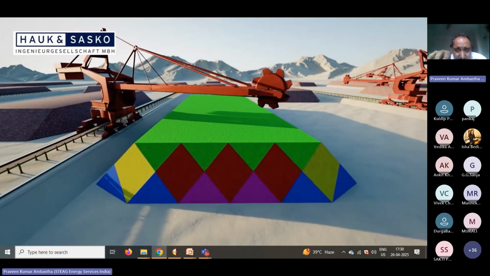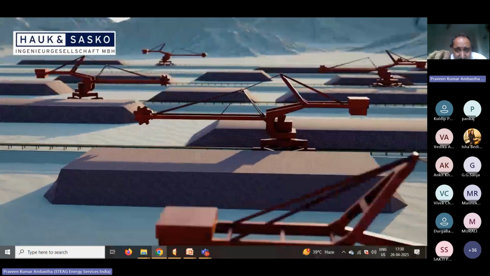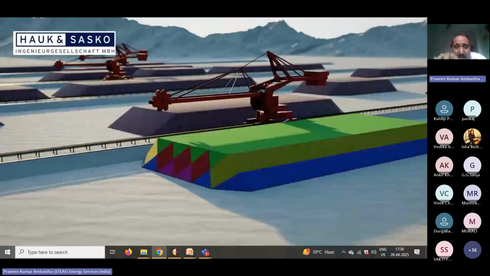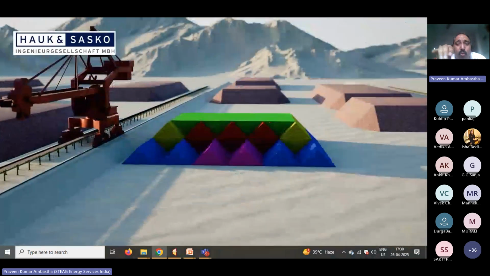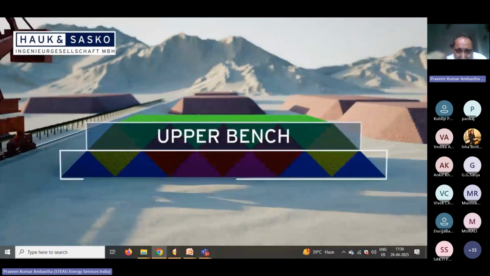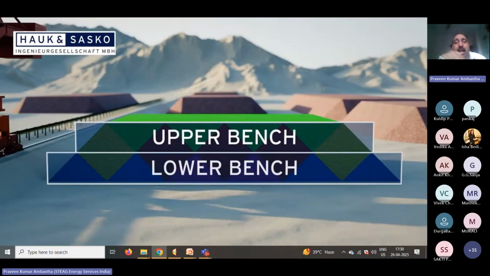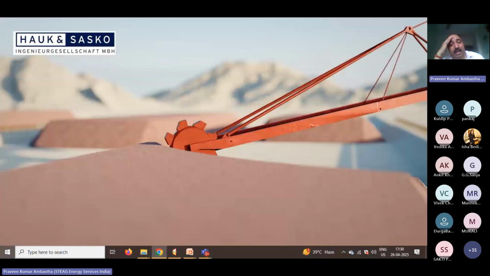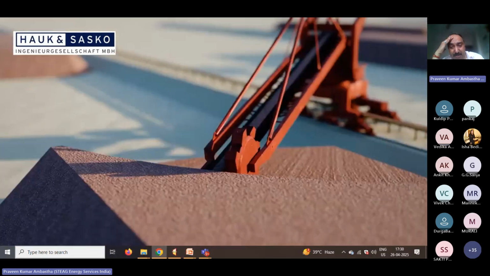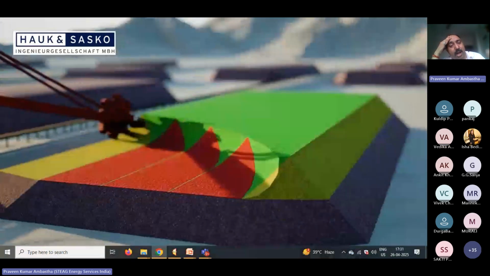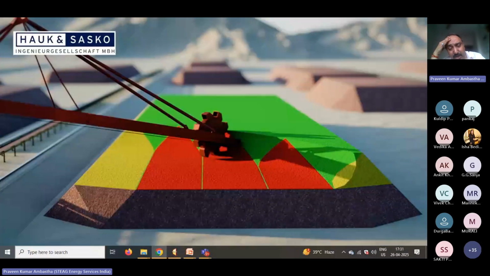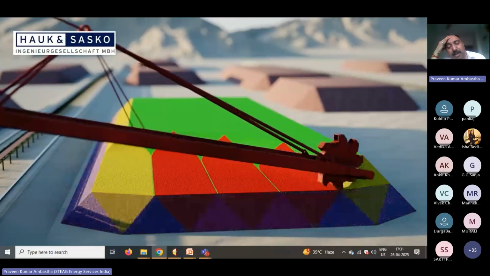It's not the way you pile; it will be piled like this, and you must be able to know how much coal of which GCV you have where. You have the upper and lower benches, and as per the requirement, it will tell you that these are the benches having different GCV of the coal, and accordingly you will be able to send it to the bunker.